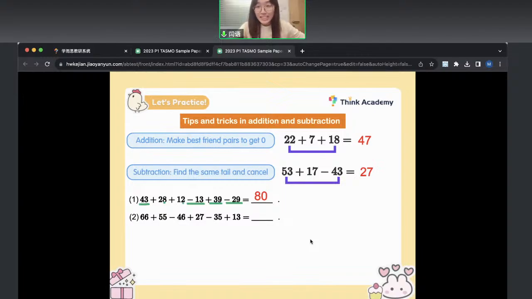66 plus 55 minus 46 plus 27 minus 35 and then plus 13. What is it? Right? Yes. What is the answer?